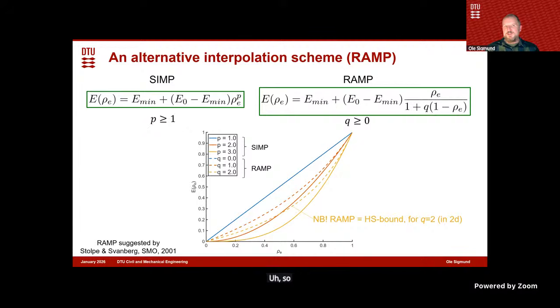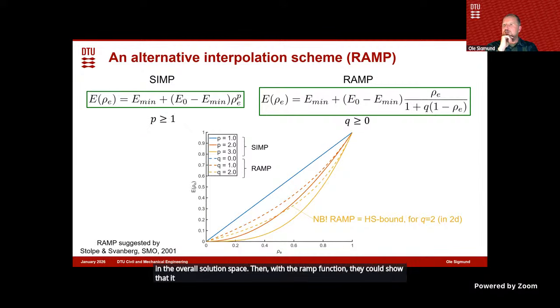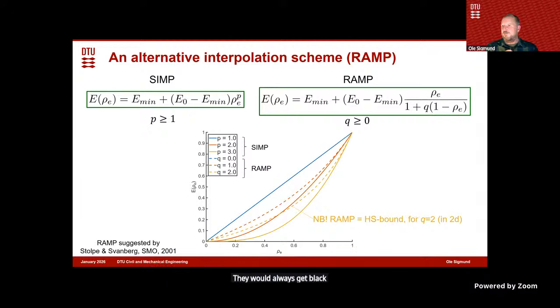They showed that SIMP was not purely concave in the overall solution space. With the RAMP function, they could show that it would give you a concave function space, meaning that if they penalized enough, they would always get black and white solutions. So that was their subtle study.